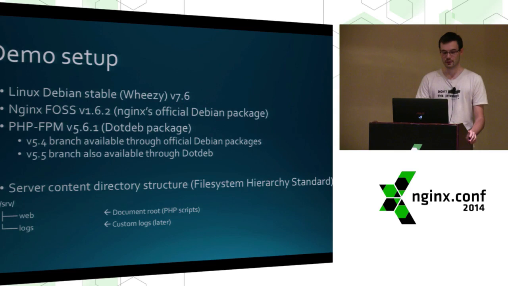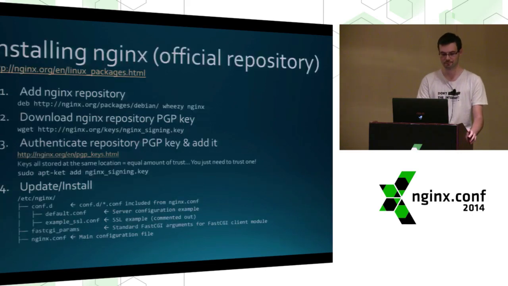For the server content, I won't be using the classical /var/www because it's not very standard. I don't know if this one is more standard, but I'll use it, so it will be /server/web for content, and a specific directory for custom logs. We'll come to that in the advanced chapters.